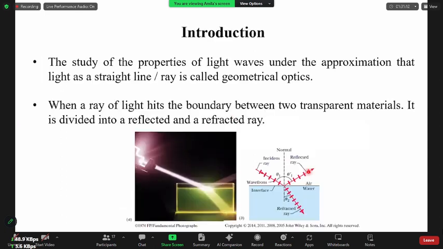Here you notice that there are two ways of propagating after hitting this boundary: one is reflection, the other is refraction.